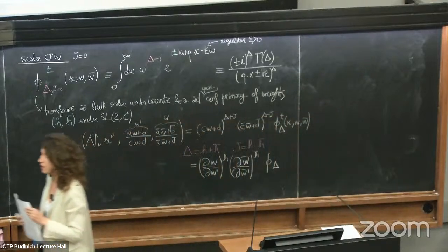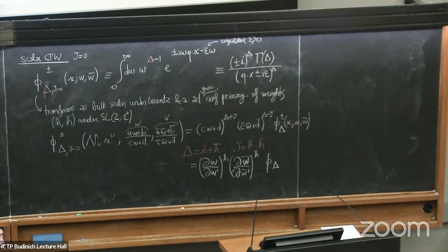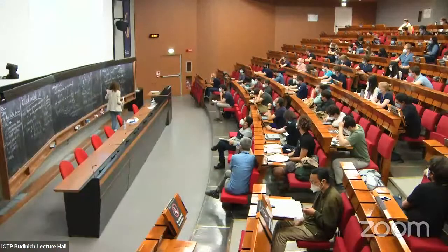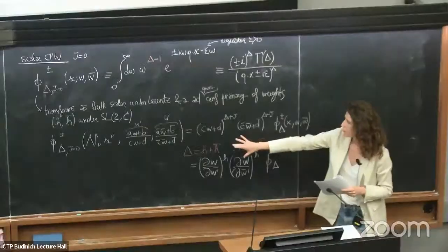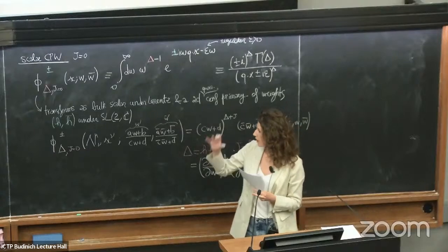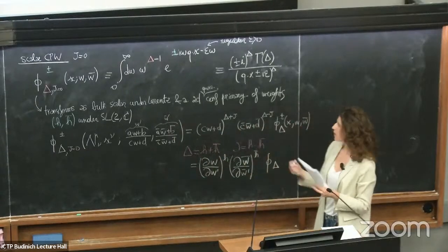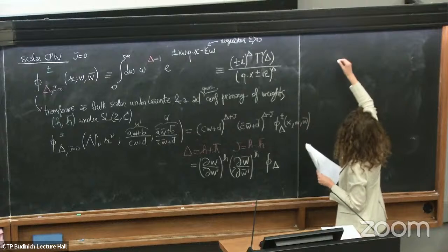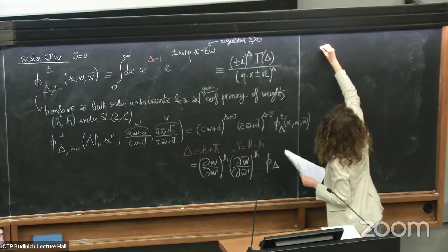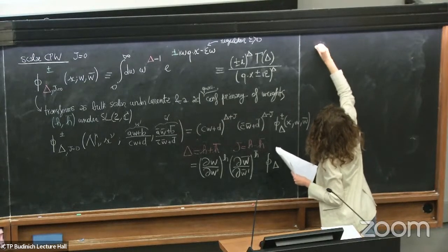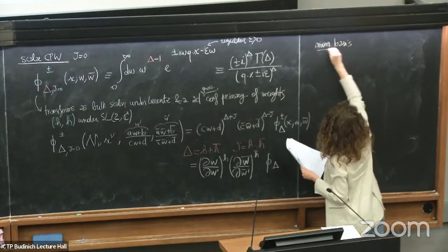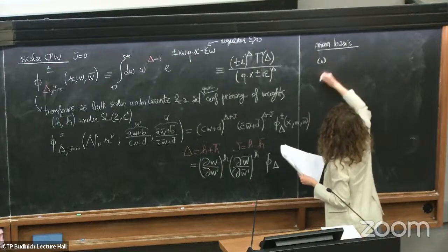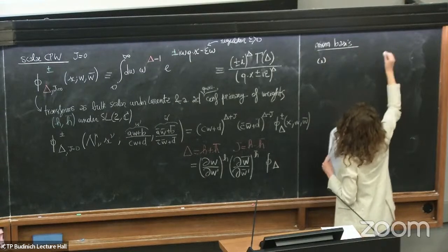Is it clear? So what we are just doing is making this integral transform on the plane waves. And the reason why we are doing that is because now we have made the SL2C action manifest. So in summary, usually we write in a momentum basis where particles are labeled by their energy.